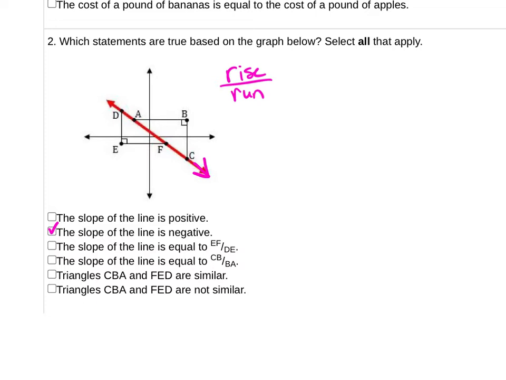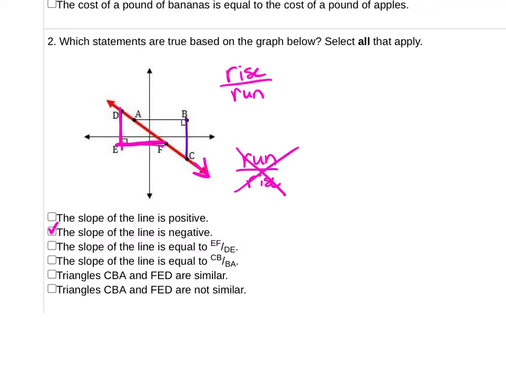The third says the slope of the line is equal to EF over DE. Well, EF would be run, and DE is rise, so it's run over rise, which doesn't work. The next choice says the slope of the line is equal to CB over BA.